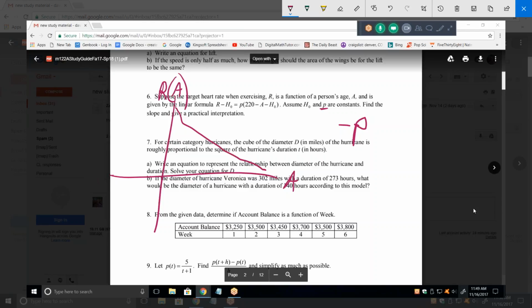Whatever P is, say P is 2, then it goes down by 2 points for every year you get older. I suppose you could say it goes down by P. The interpretation is it goes down by P amount for every year you get older. That's what the slope, a negative P slope, means.